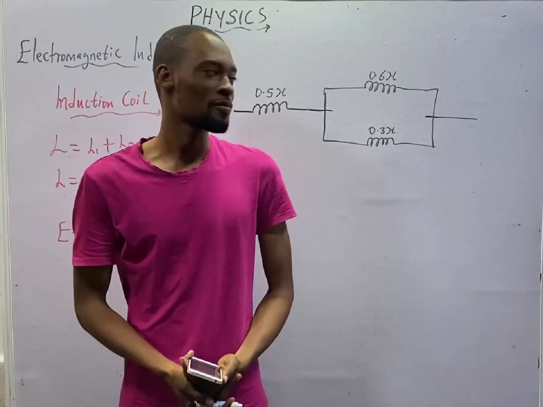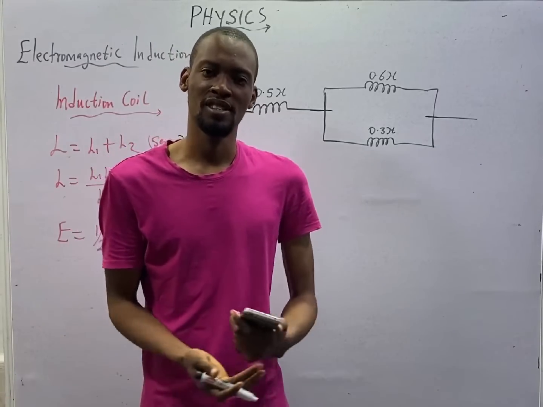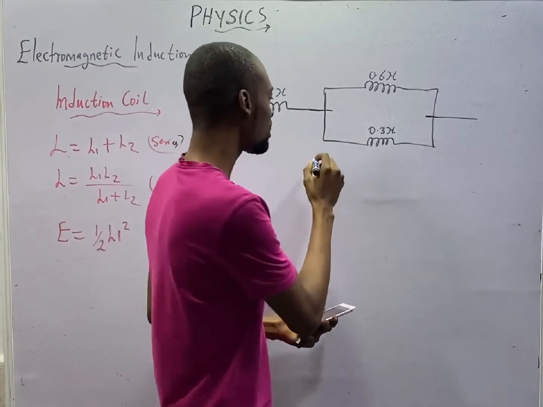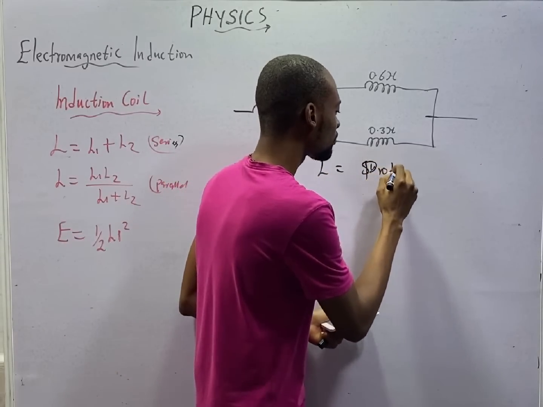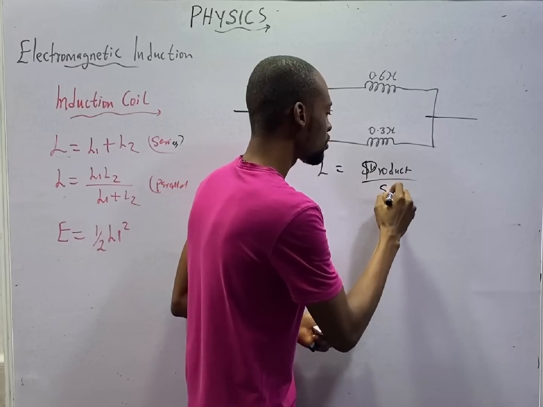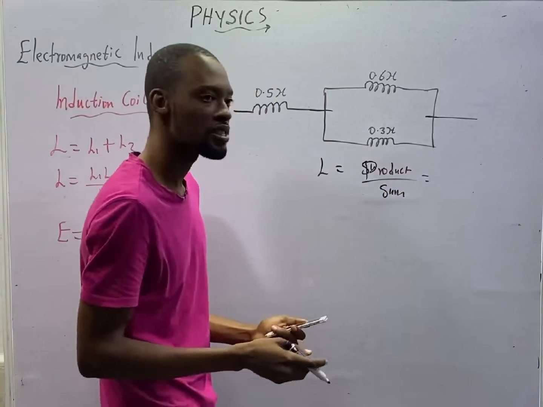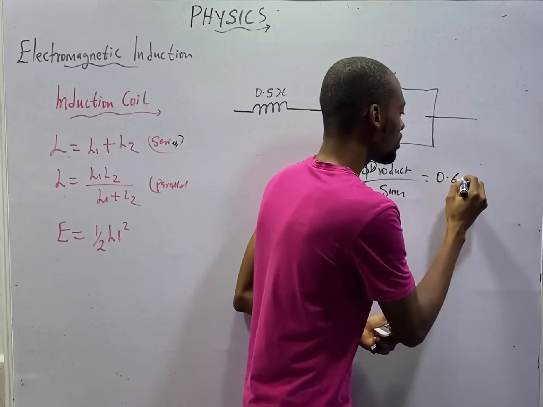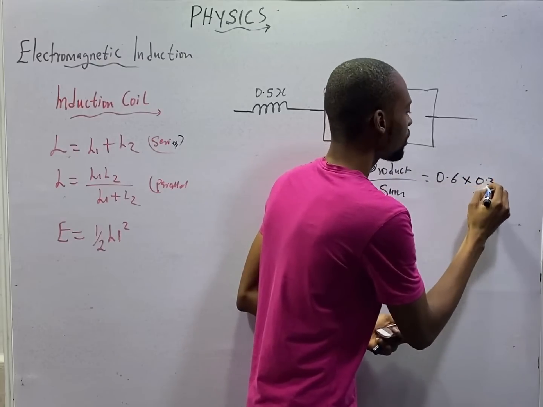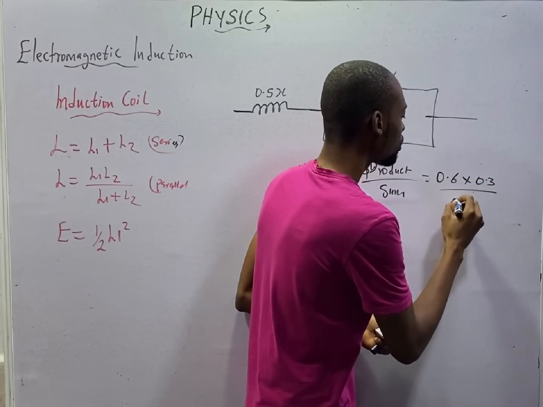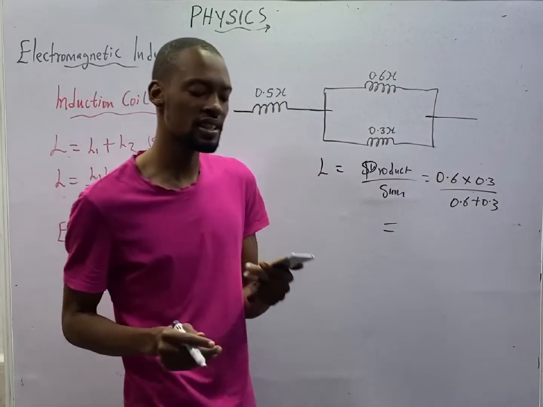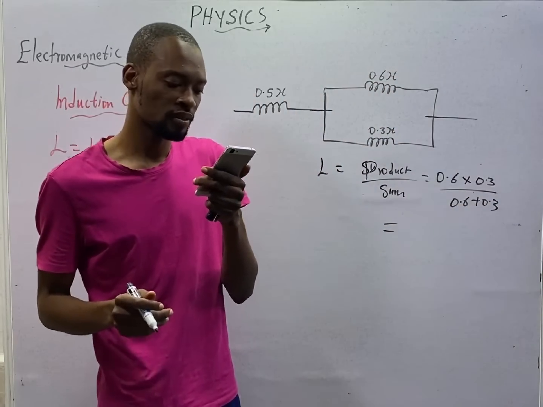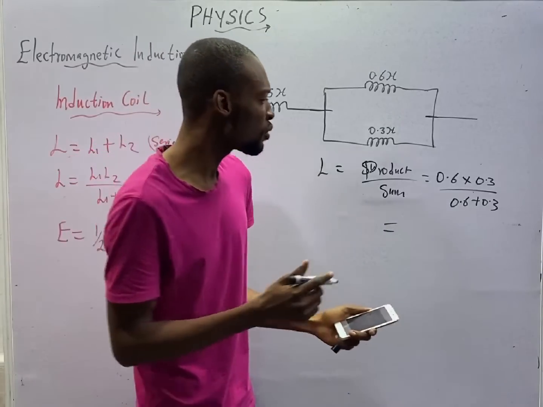How do we start? For inductors in parallel, the inductance is sum product over sum, and that is 0.6 times 0.3 over 0.6 plus 0.3. That is your equivalent inductance. This will give you 0.2.